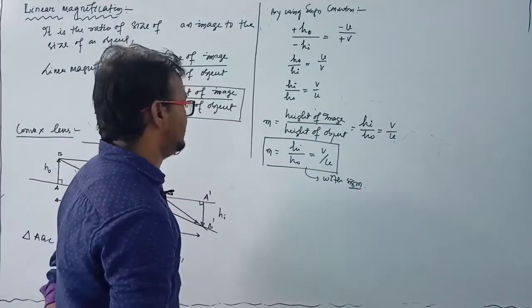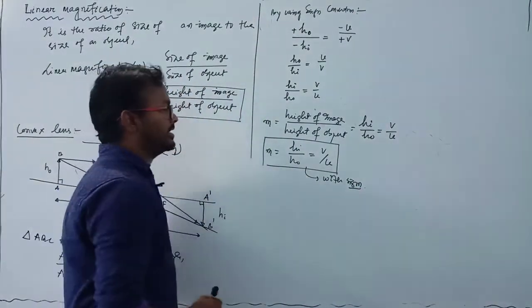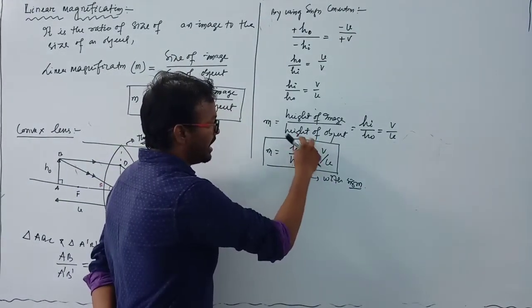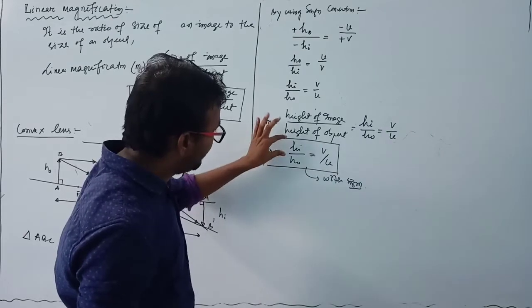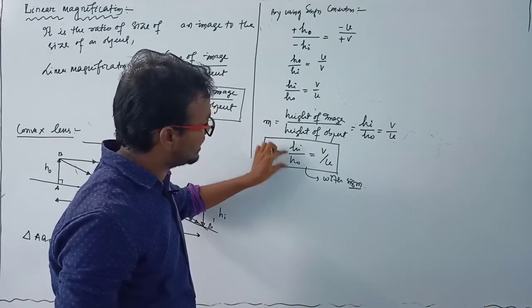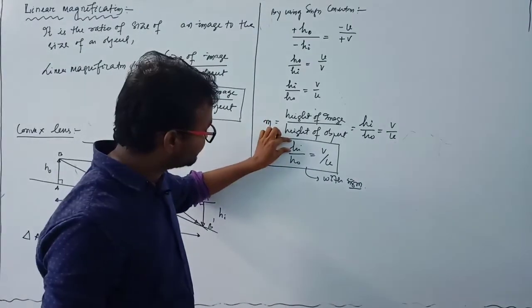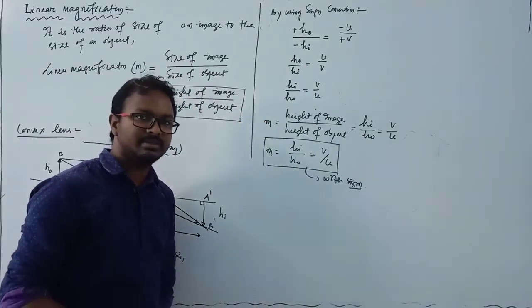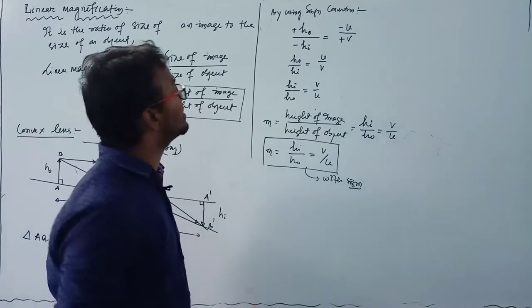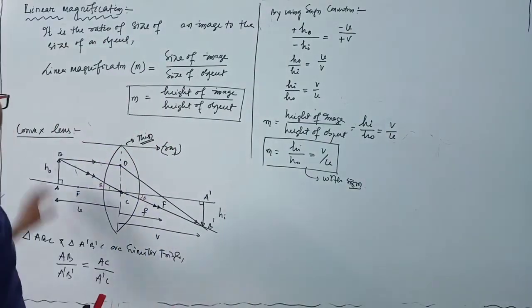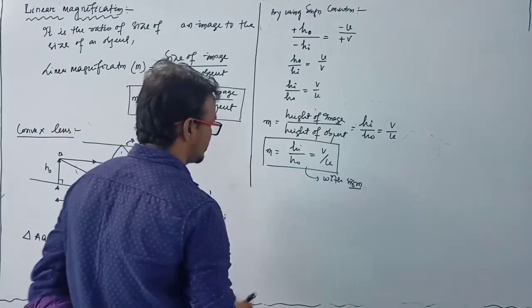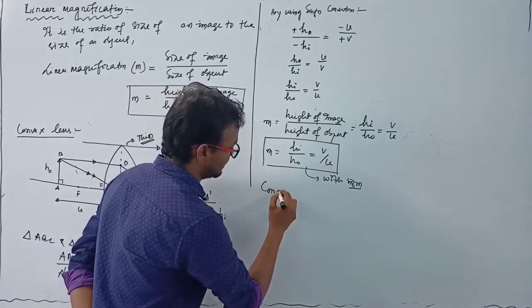Clear? Okay. And this magnification indicates how, if we compare the height of object and height of image, then by using this concept you can measure the height of image and object. So clear? This is known as magnification in case of convex lens, or you can use magnification in case of concave lens.